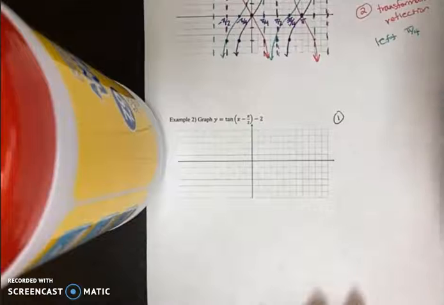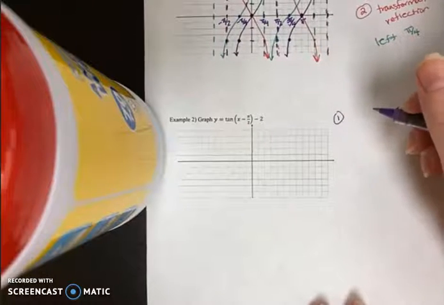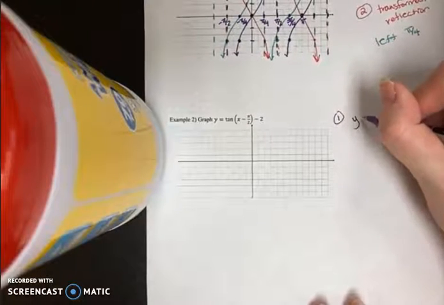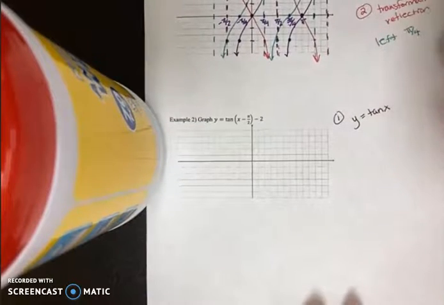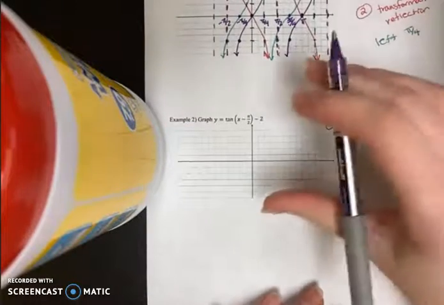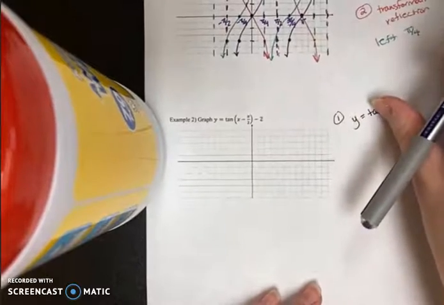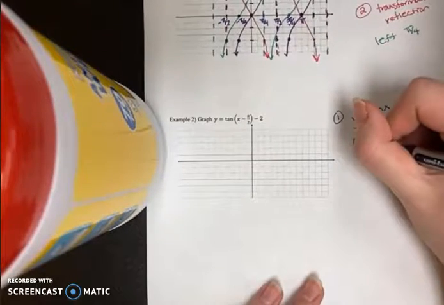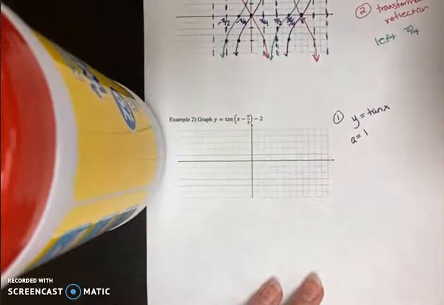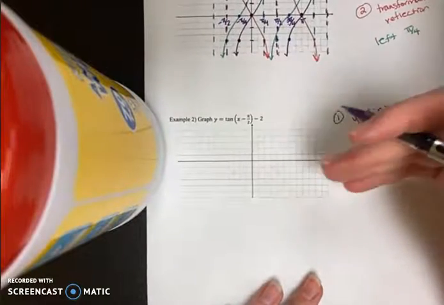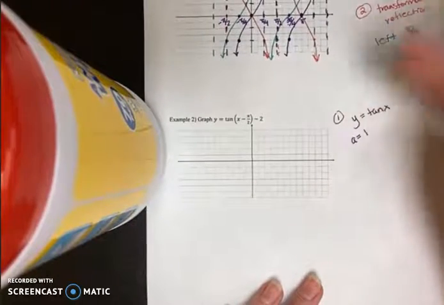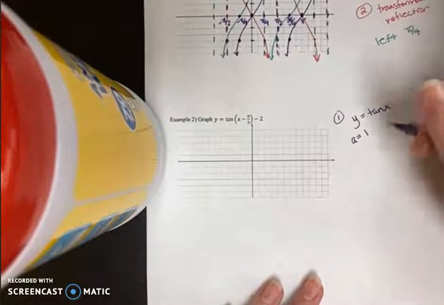Okay, so the first thing we want to do, like I mentioned before, is graph it without any transformations. So we're going to do y equals tangent x. This is the parent function once again. For tangent, we look at A, which is the amplitude, and that impacts the coordinates that we have, how we move up or down however many units.